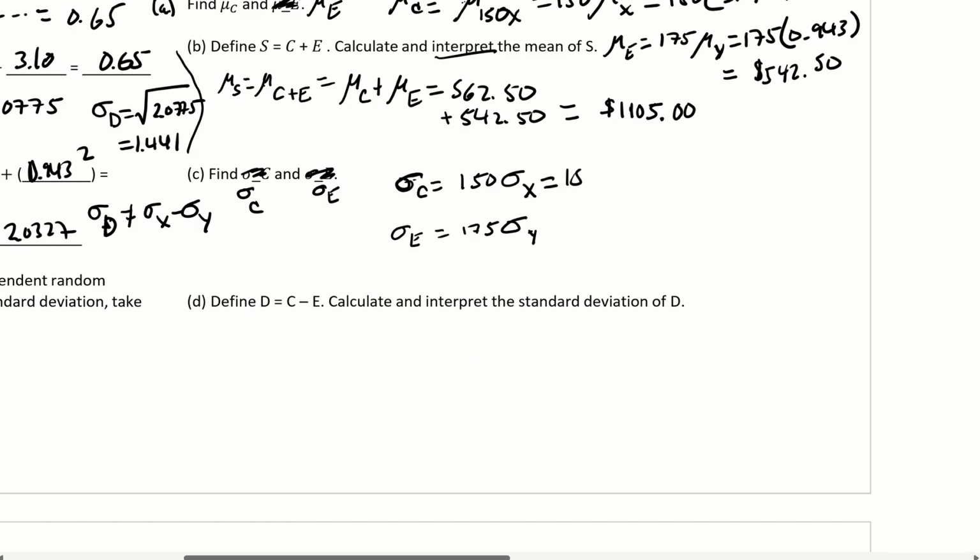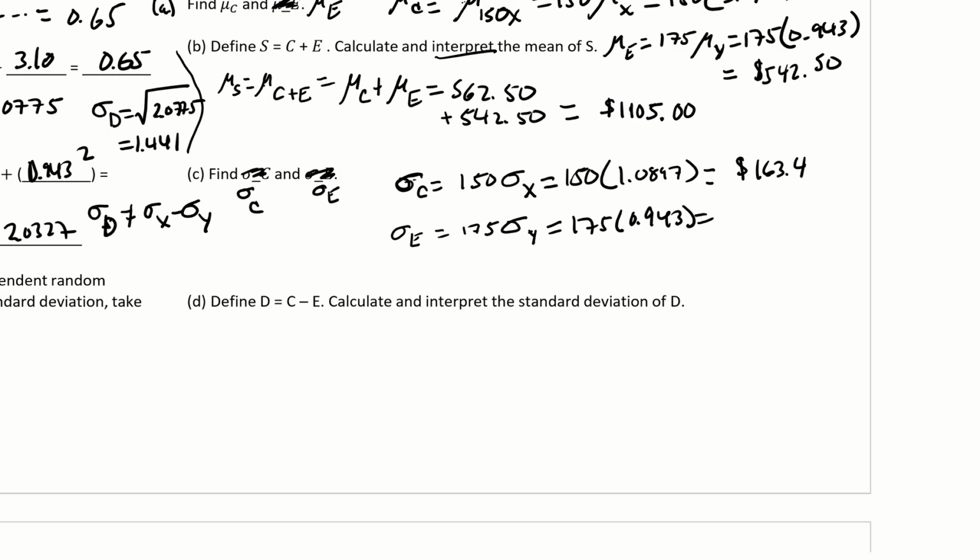For Pete, sigma x was 1.0897. And Aaron's sigma y was 0.943. So we get $163.46 and $165.03.